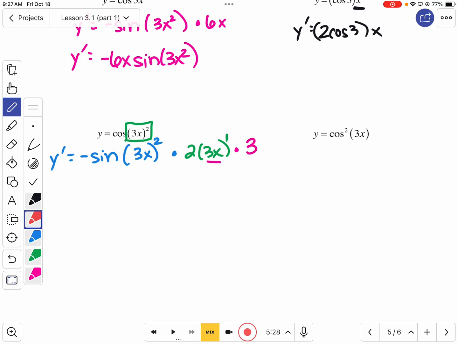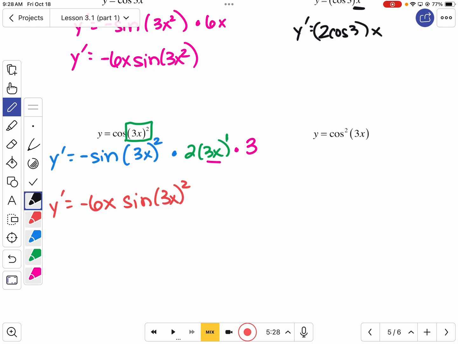So that one was a multi-link chain. Not only was it a composition, it was a multi-link chain composition. So we simplify that, negative 6x sine 3x quantity squared. All right, and then let's look at that last one. Cosine squared of 3x.